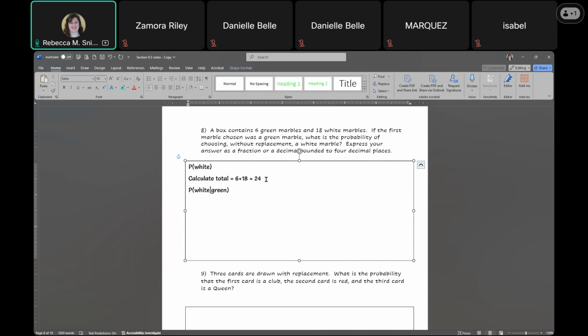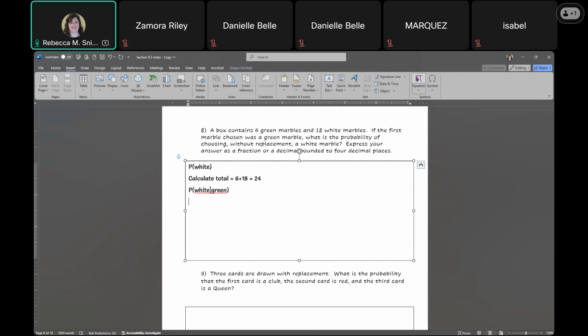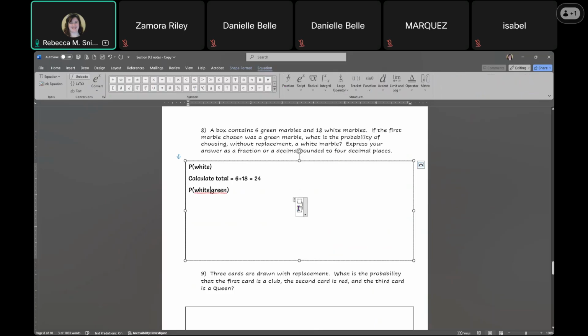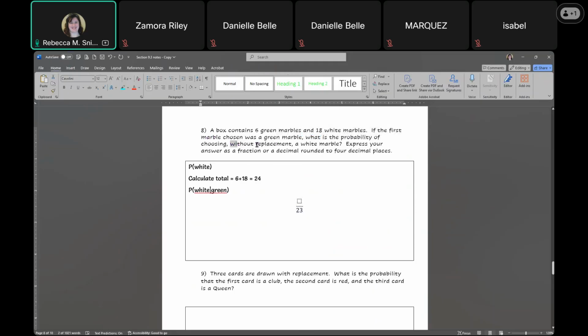And so when we look at how to put it together, we need to take that into account with your denominator term. So here, when we would set up your probability, my denominator, instead of being 24, has to be 23 because I'm already holding a green marble in my hand. And the without replacement piece right here tells me that it is conditional.